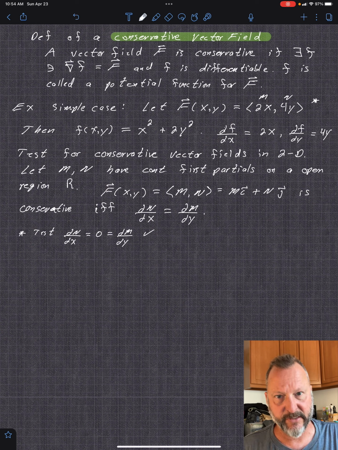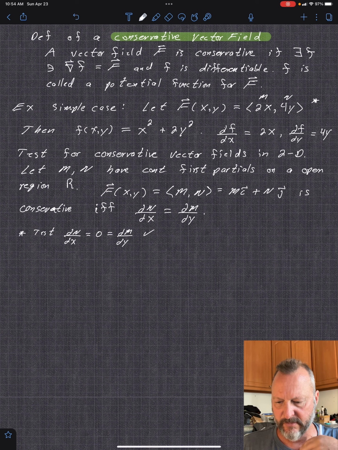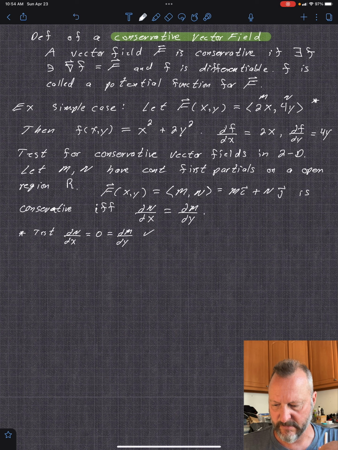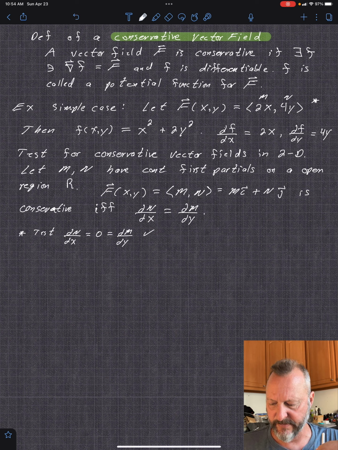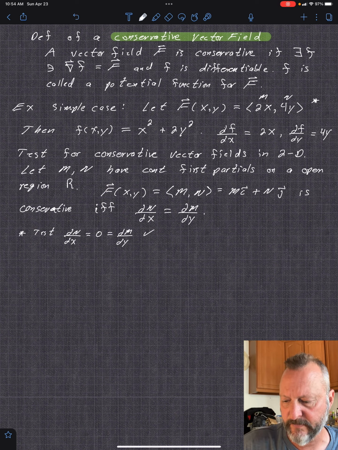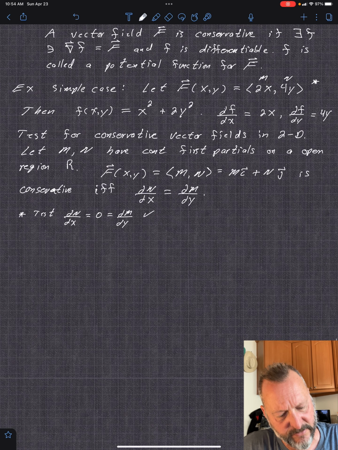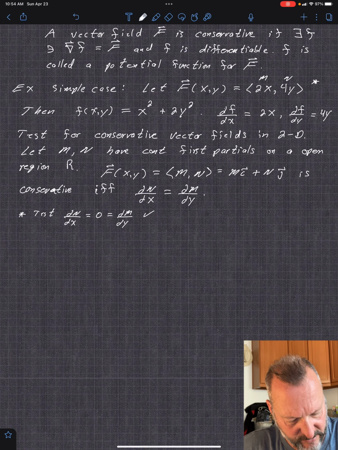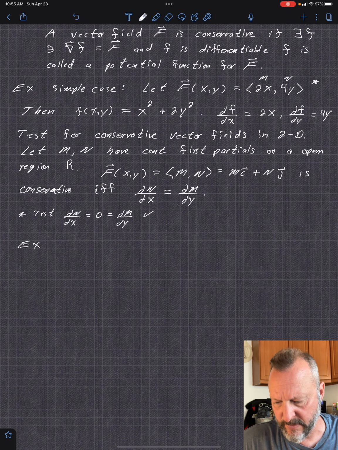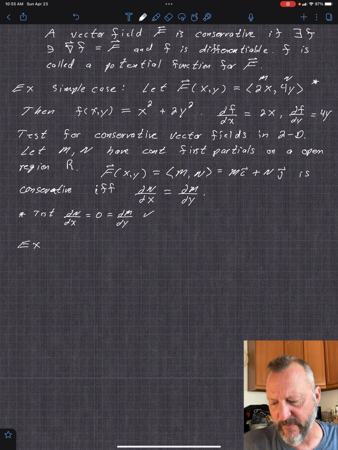Let's take a look at this. All right, so we define work. Let's look at this example. So we're going back on this to just evaluate along a curve.